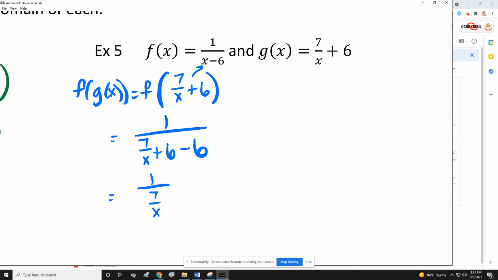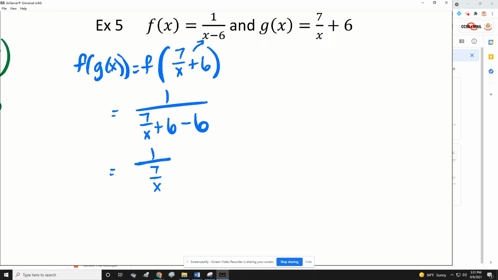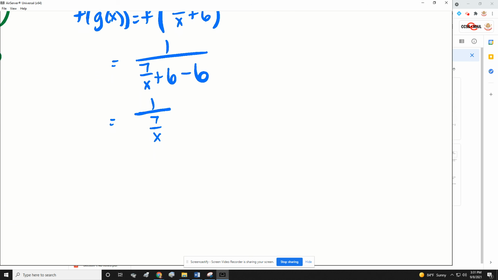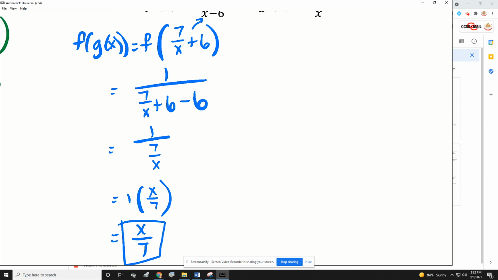All right, anytime you have a fraction inside of a fraction, if that's by itself in the denominator, so this is like one big fraction, what we can do is just do the reciprocal. So that's the same as 1 times the reciprocal of that, or just x over 7. Okay, so that's your composition.